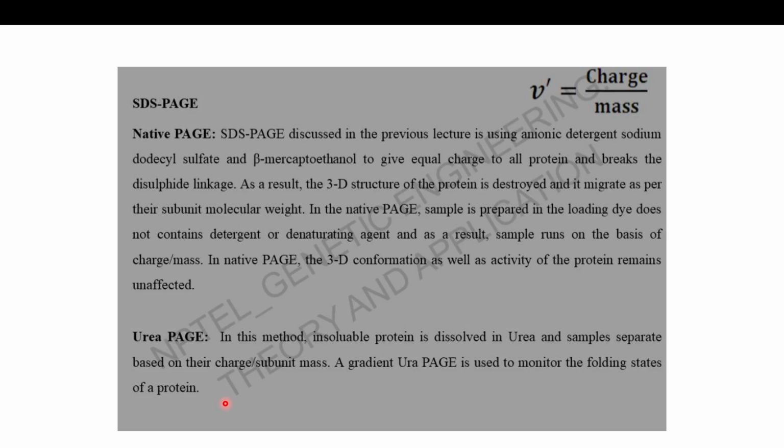Okay, this is also a denaturing PAGE, but here the separation is based on charge by subunit mass. Because suppose some kind of secondary structure is forming, like suppose you are running a nucleic acid, RNA is prone to making different kinds of secondary structures, based on the type of nucleotide available.